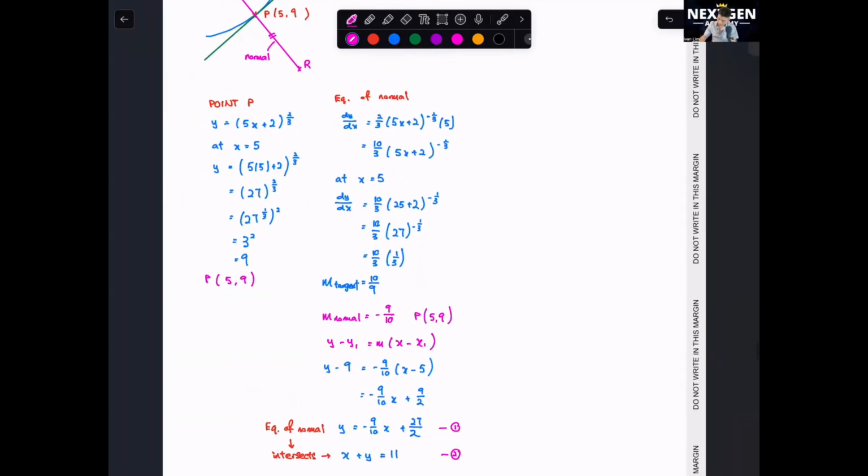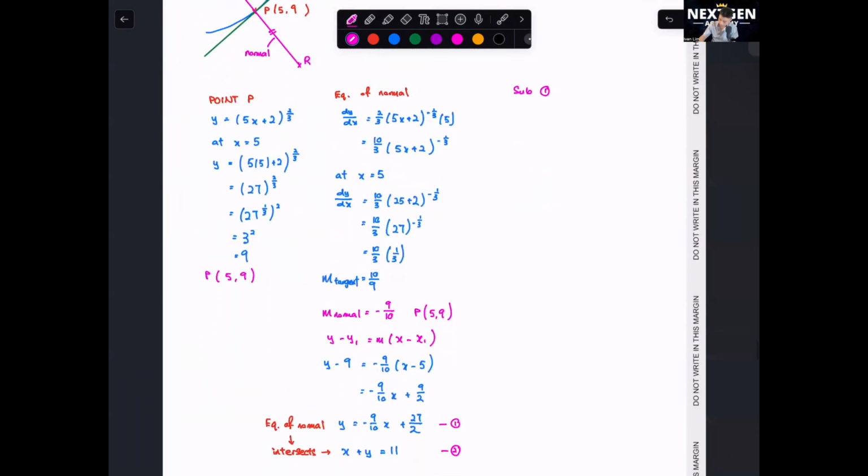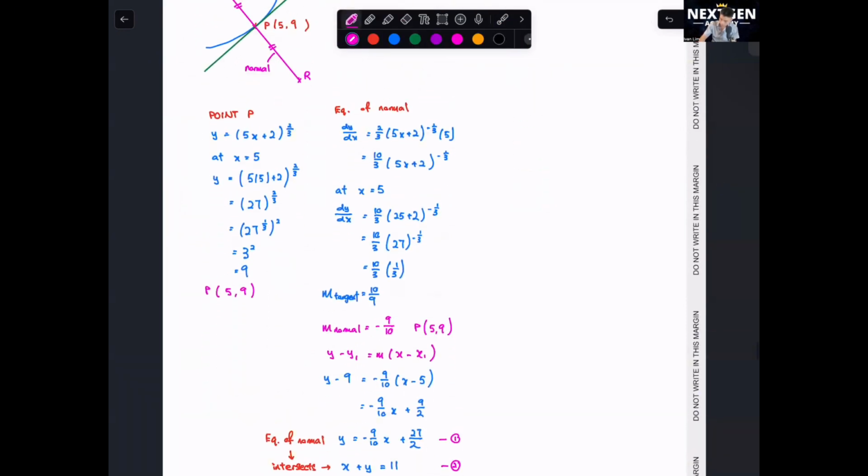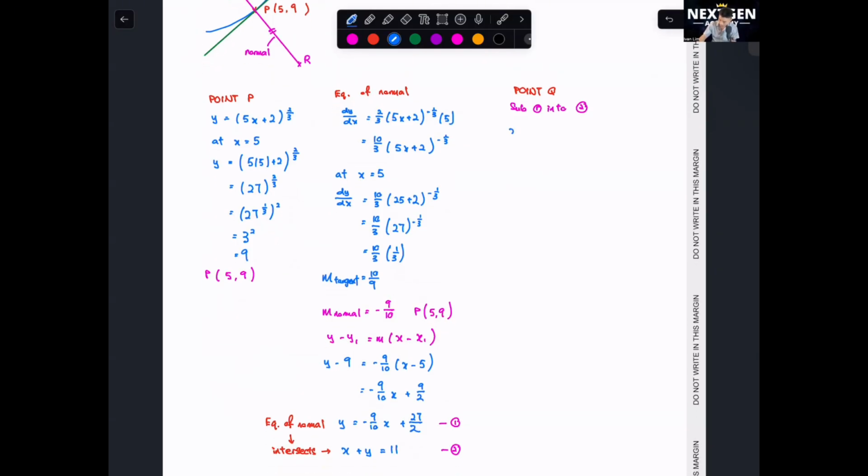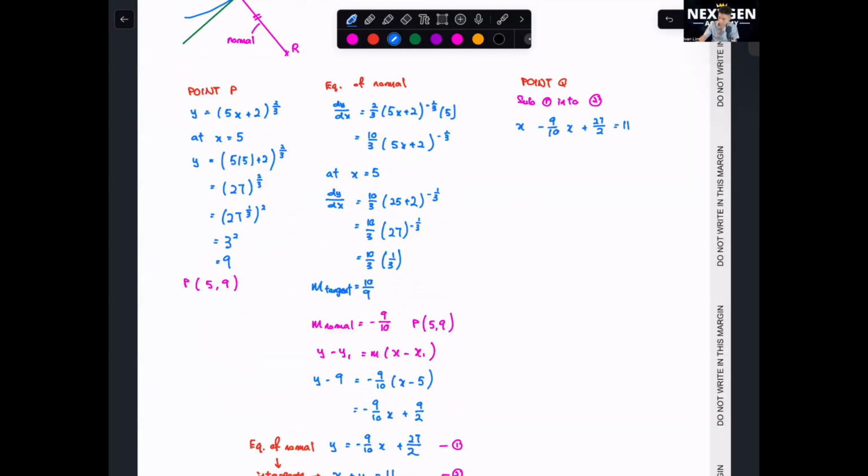We're going to sub 1 into 2. This is to find point Q. Sub 1 into 2. This will become x minus 9 over 10 x plus 27 over 2 equals 11.